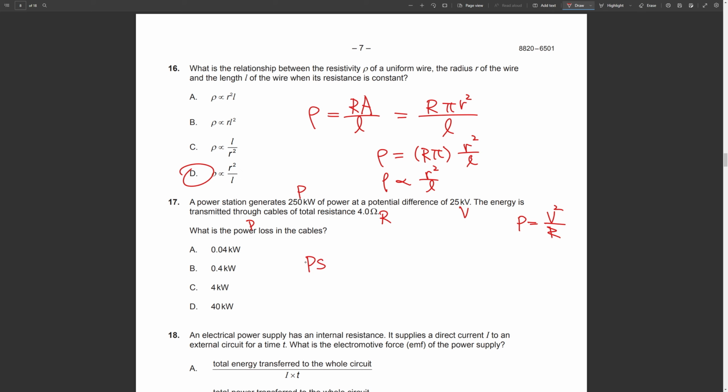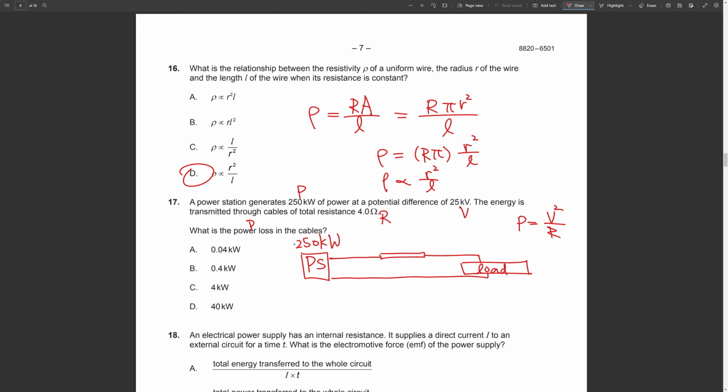There is a power station here, and coming from the power station, there is a long cable with certain resistance. This is the long cable, and for instance, maybe in the city there is a lot of power consumption, so there is a great load over there. The first value given, 250 kilowatts, is the power from the station.